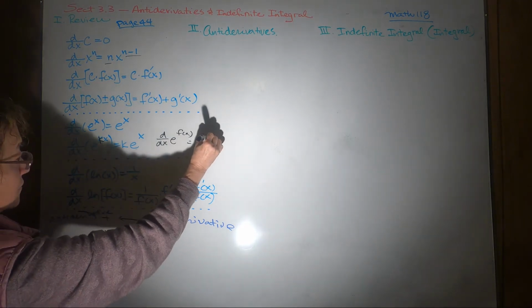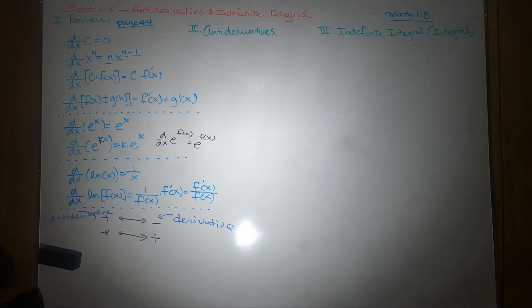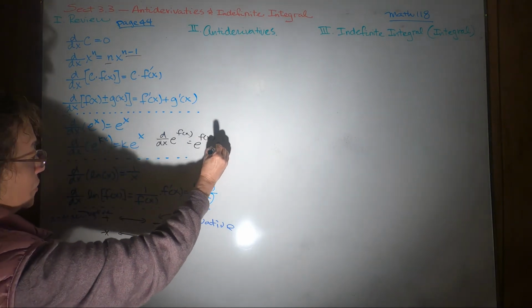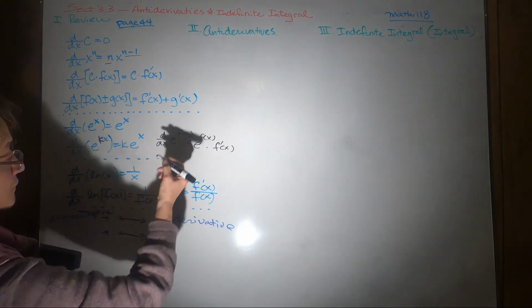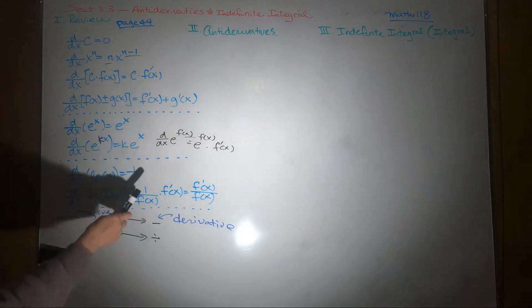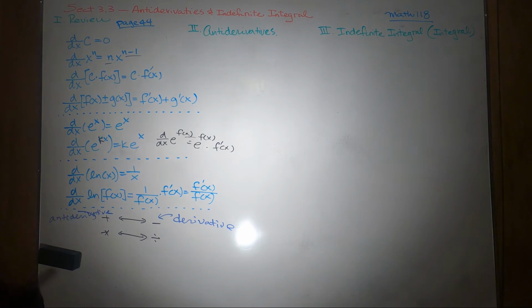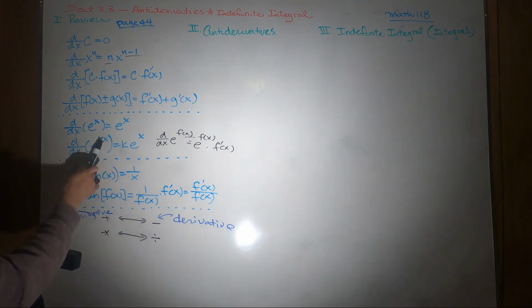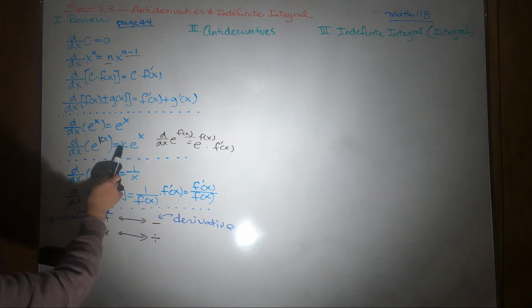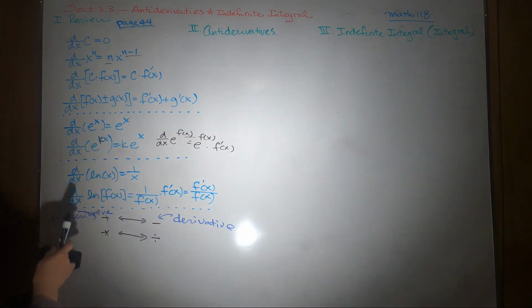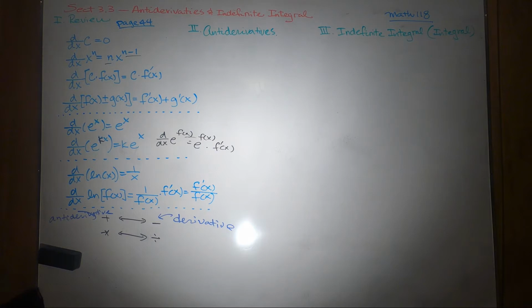It's itself, for anything e to the power, but you have to do the chain rule of the function f of x in turn at the f of x place. So here it is kx. You take the derivative of kx, it becomes k. That's why we move the k outside, right?